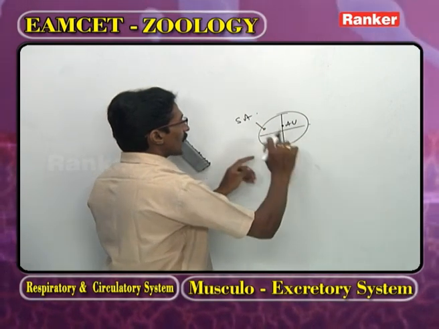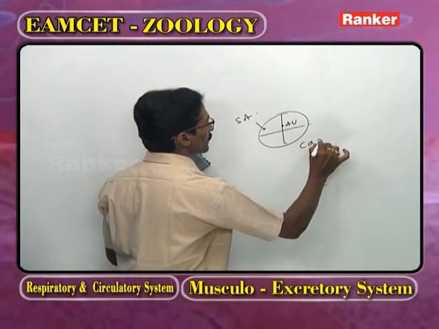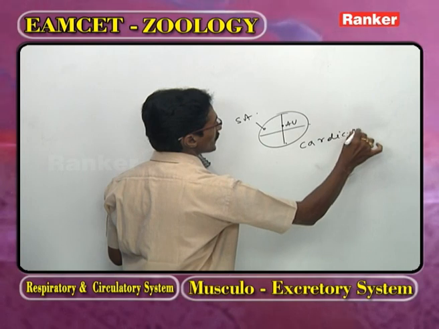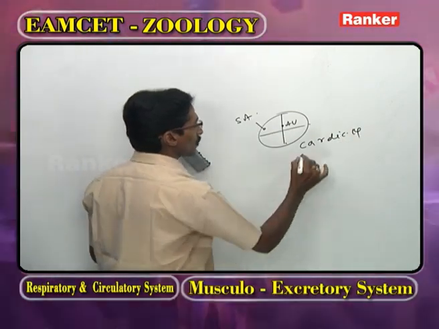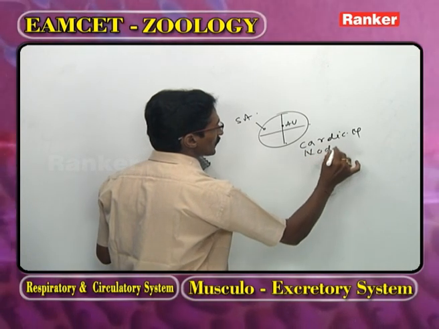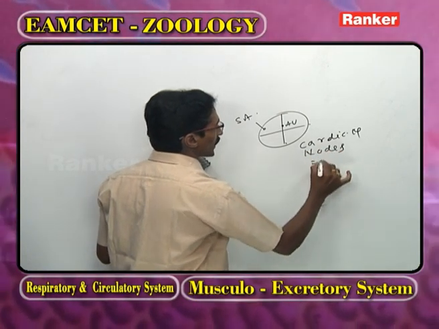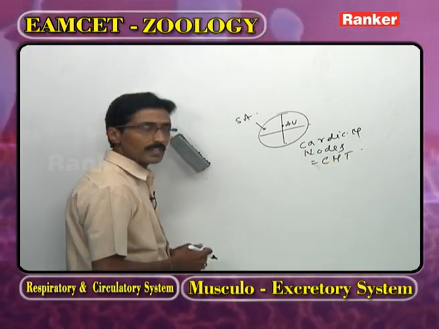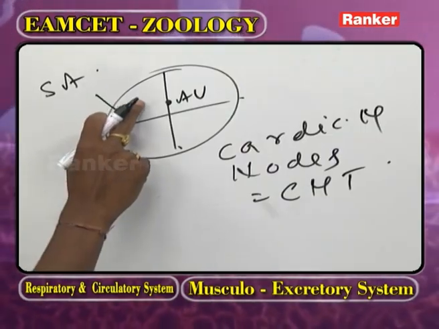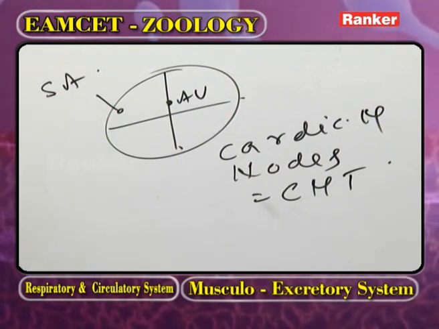Now the heart is made by what type of muscle? The cardiac muscle tissue. Now SA node, AV node, the two nodes are made by what type of muscle tissue? Cardiac muscle tissue. And now the heartbeat is started by the SA node.